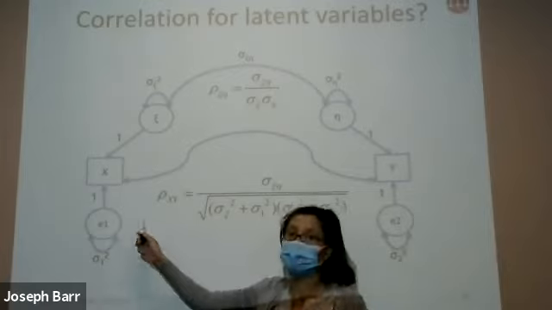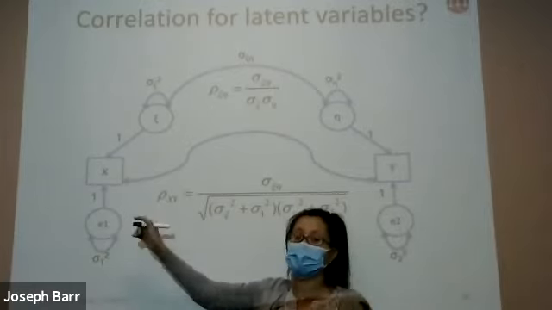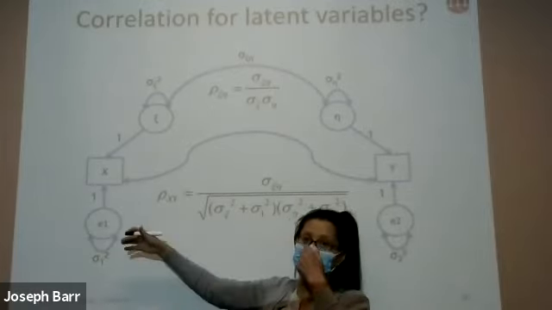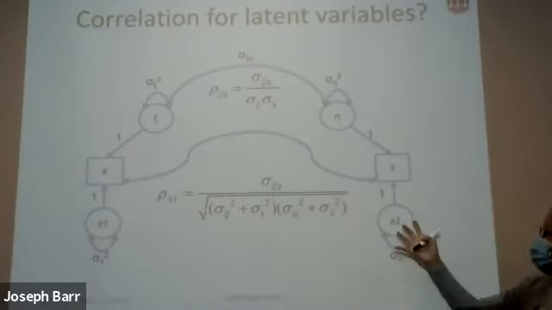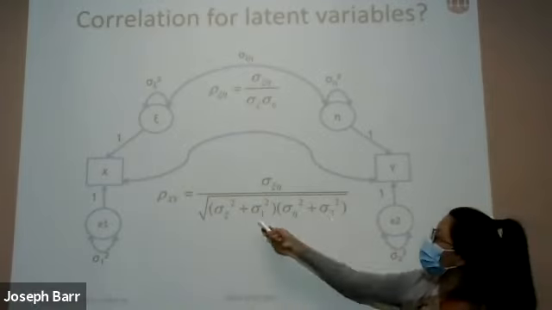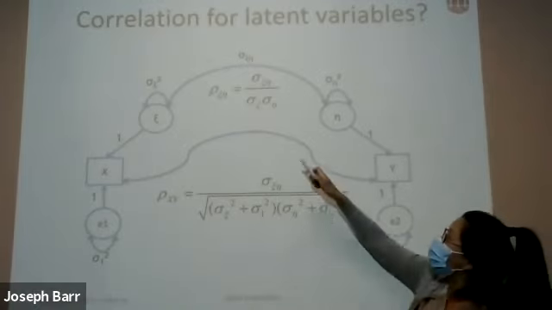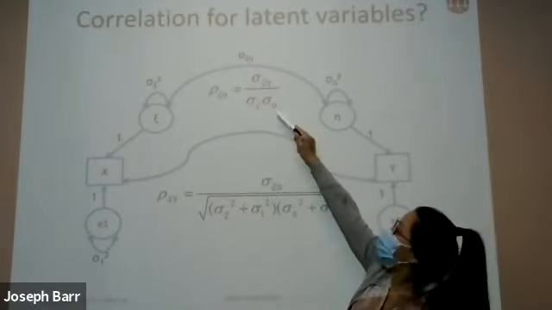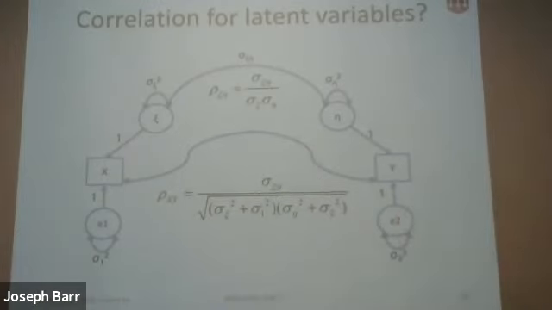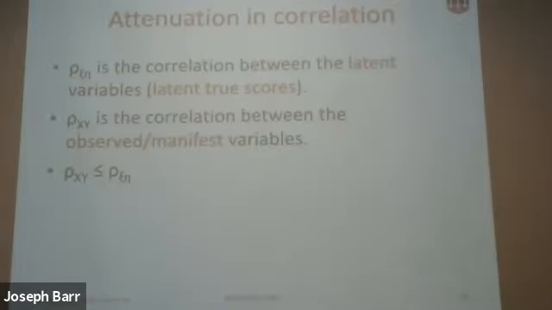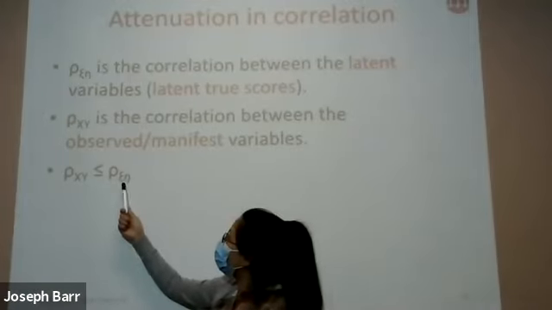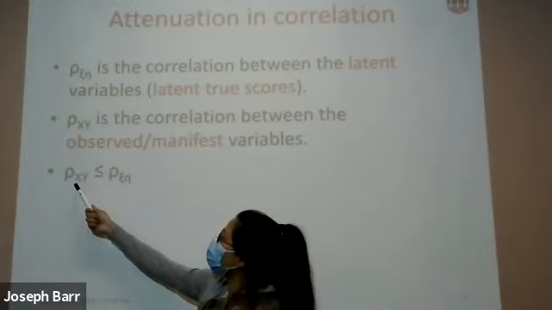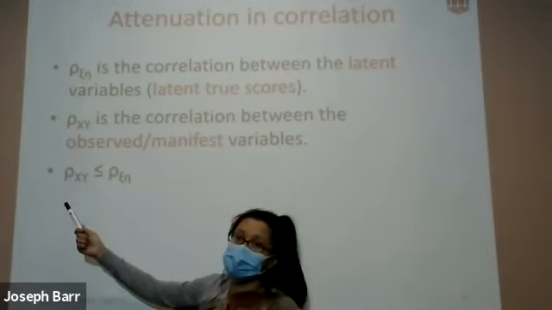These are noise. We don't want that, but it's unavoidable because in real life we have to consider the measurement error. So we have sigma 1 squared and sigma 2 squared. If you do the comparison, this one is higher, this one is smaller. So the true correlation between two variables is larger than the correlation between the observed variables.